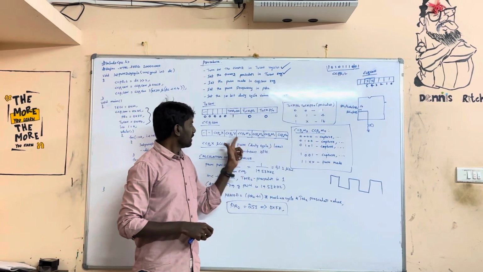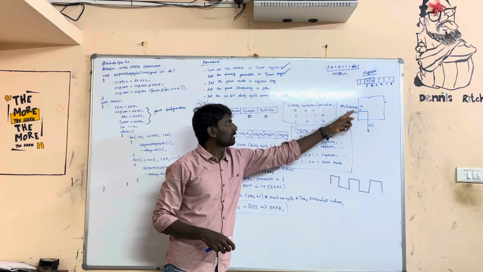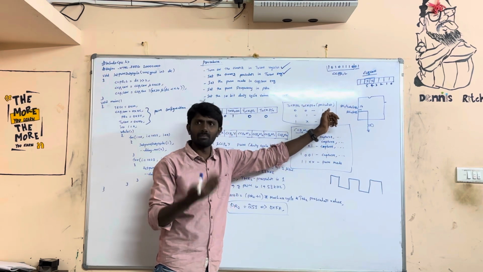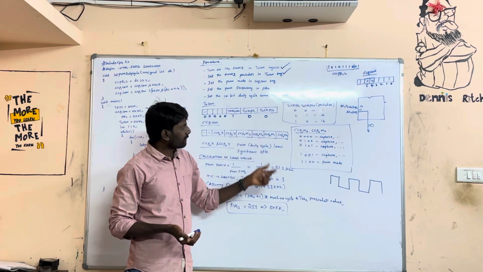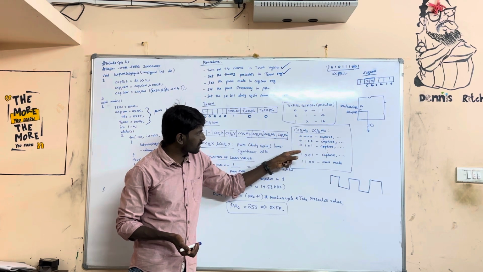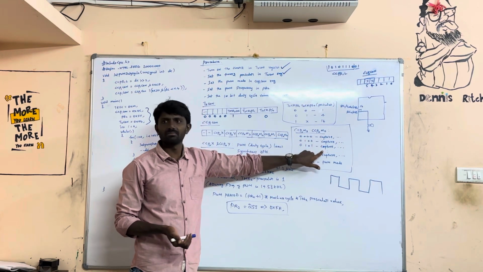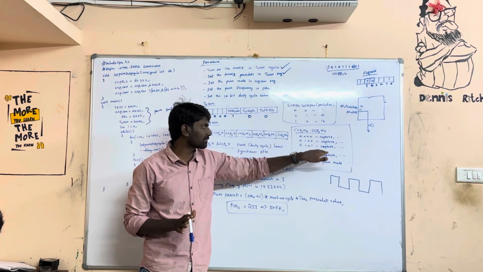Very simple. These 2 pins are there now, CCP1 and CCP2. This we are going to use for PWM, so you have to configure here. So what is the configuration? 0 0 0 0 1 1 0 0. So all these are for capture and compare, so I am not bothered much.